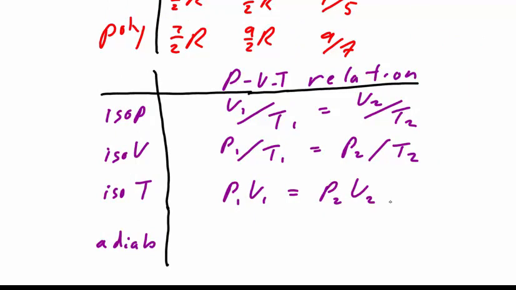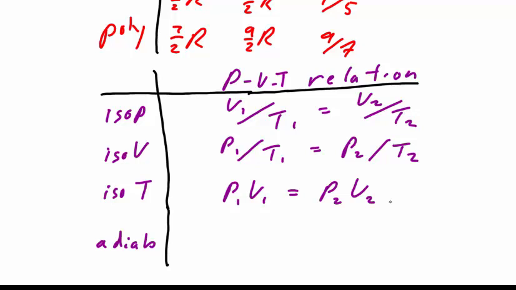Unfortunately, the adiabatic process is somewhat more complicated because during an adiabatic process, the pressure, the volume, and the temperature all change. And so, simple relationships such as the ones we just got do not hold. This is where gamma comes in. There are two ways to consider how an adiabatic process goes.